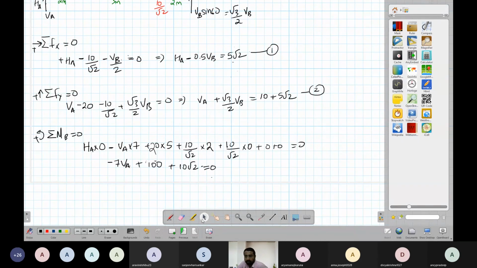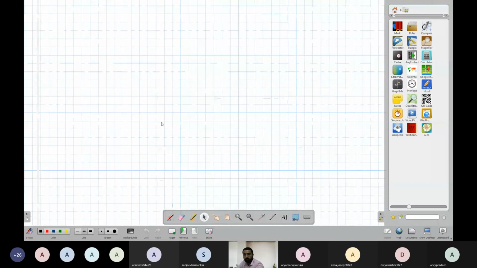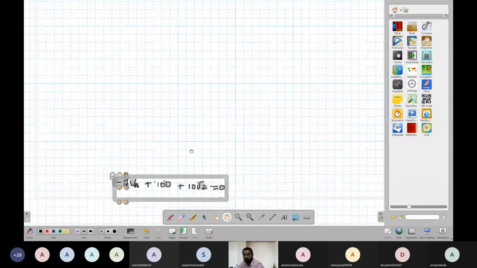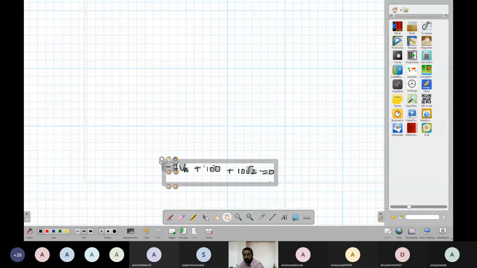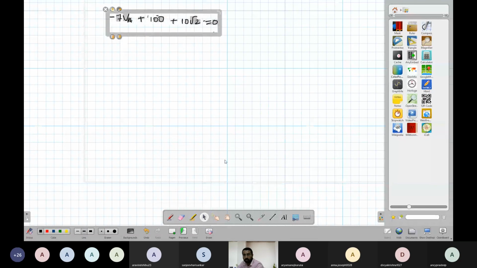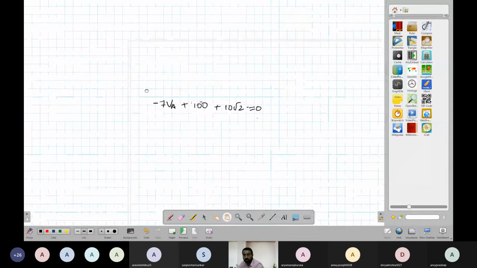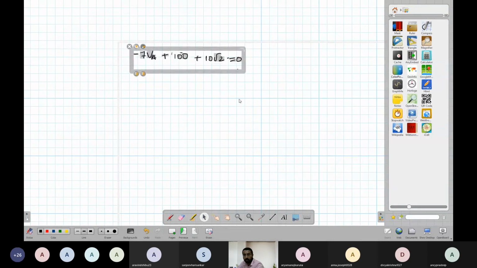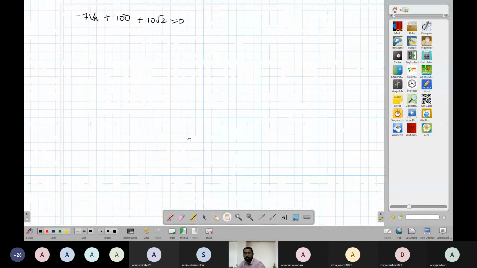Now if I take this to the right side, so 7 VA equal to 100 plus 10 root 2.